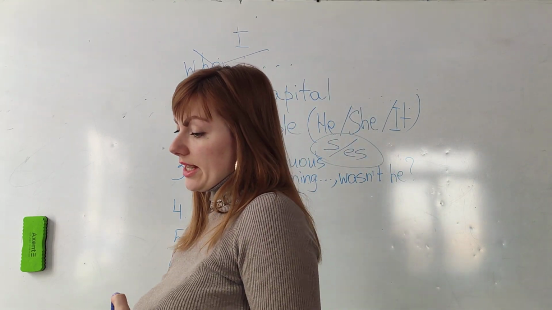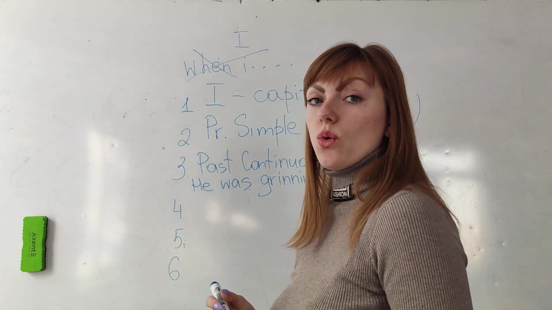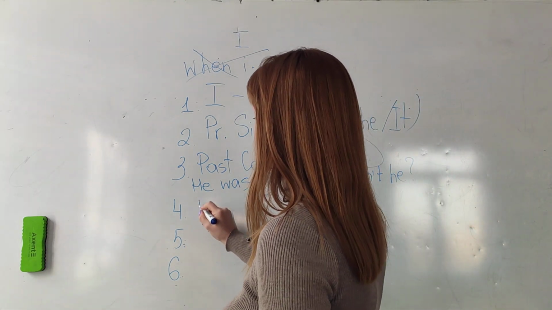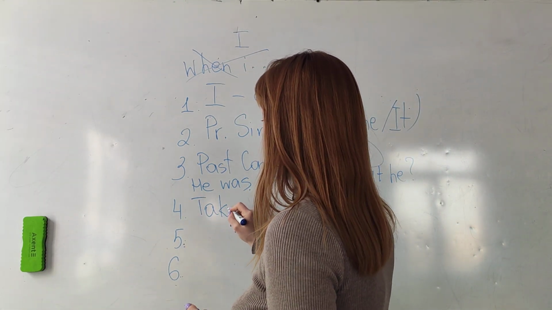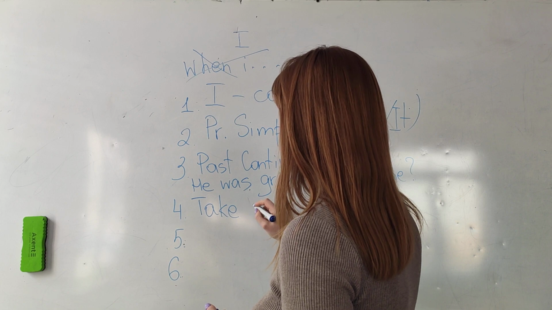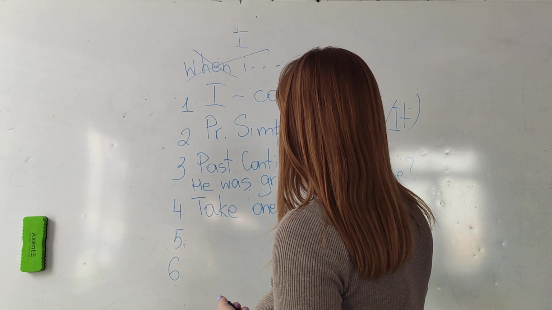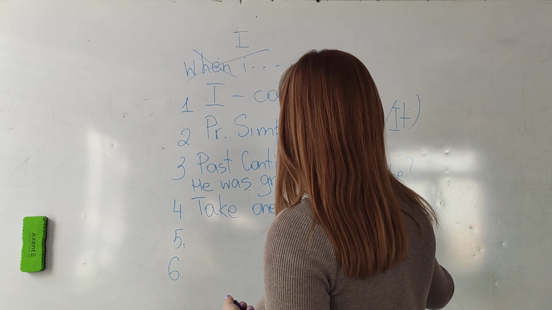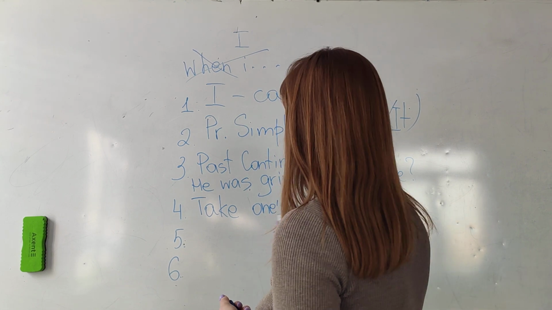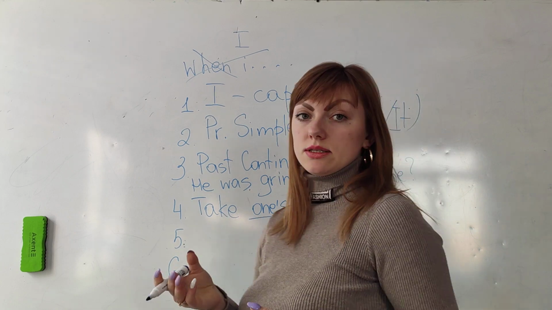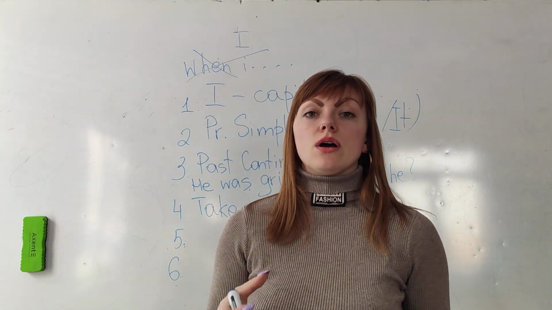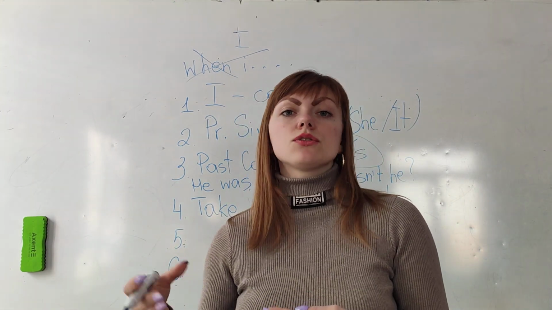Then the next one is take one's word for it. I hope you remember. Take one's word for it. It means to believe that what someone is saying is true.